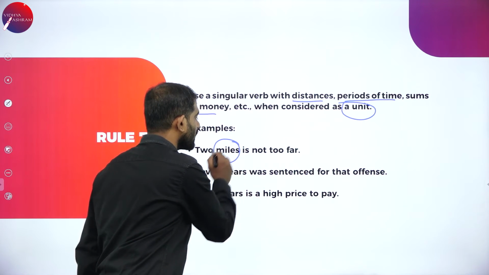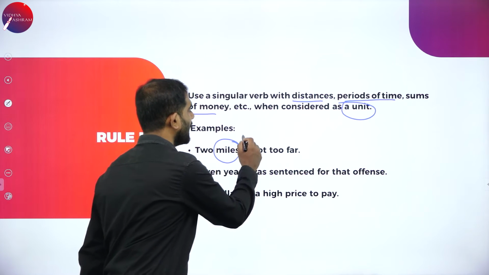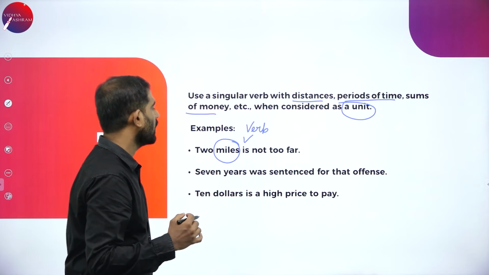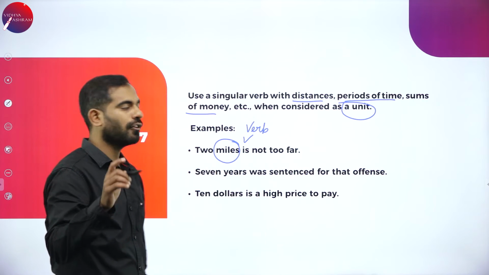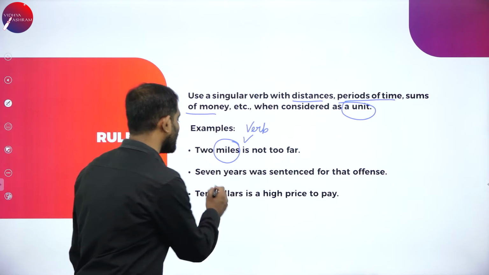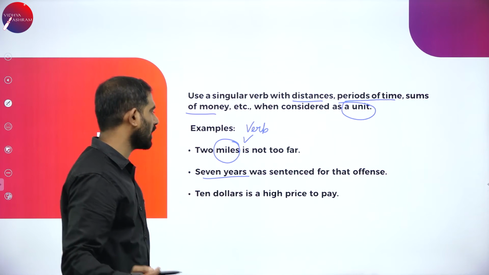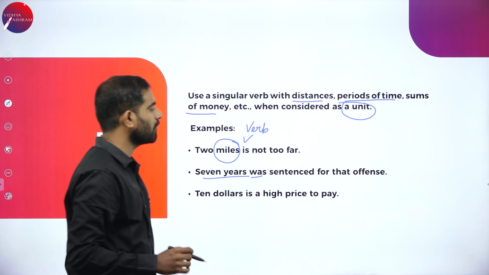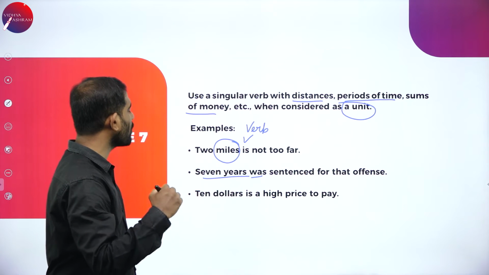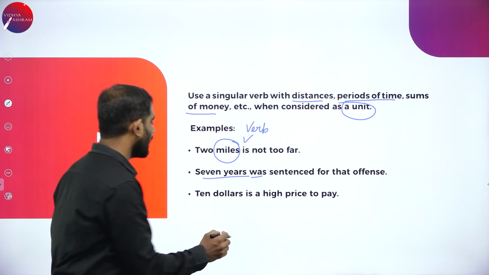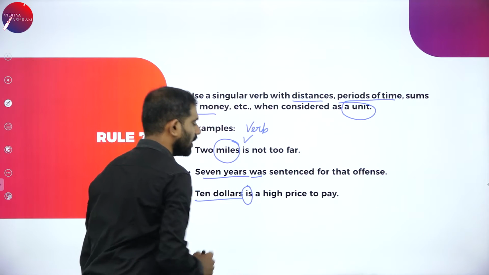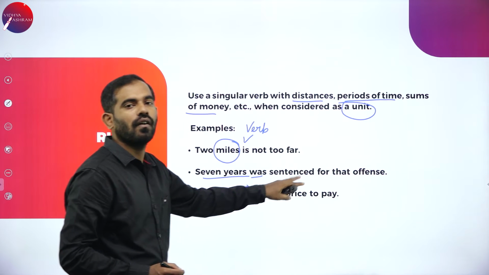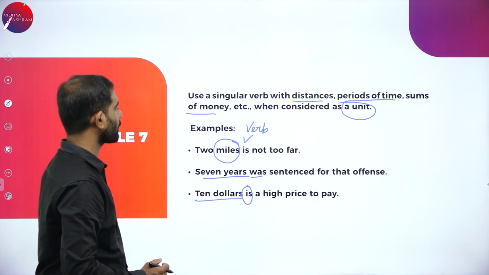If you observe, miles is plural, but we are using "is" as a singular verb. "7 years was the sentence for that offense." Years seems plural, but it is a period of time. "$10 is a high price to pay." According to this description, we are making use of the rules.